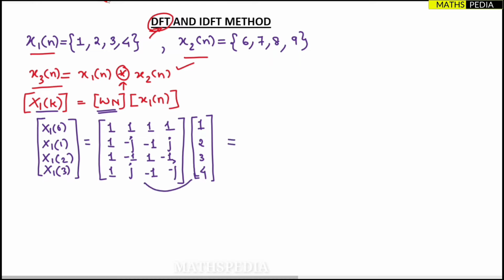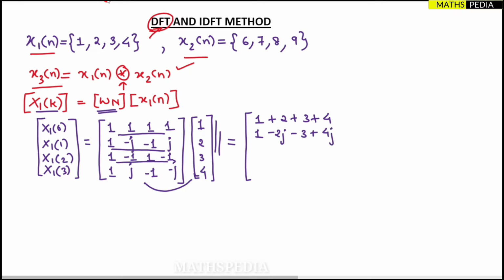So we need to multiply this. Let us see what we'll be getting. First row into this column; I hope you know how to multiply matrices. So this will be 1 plus 2 plus 3 plus 4. Next, second row into this column again, that will be 1 minus 2j minus 3 plus 4j.